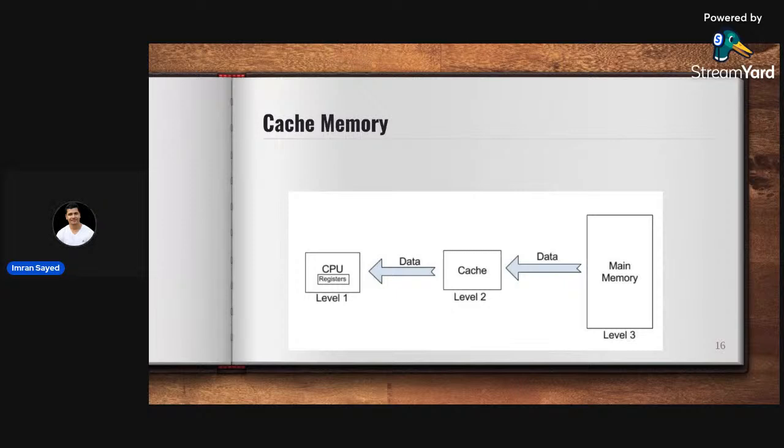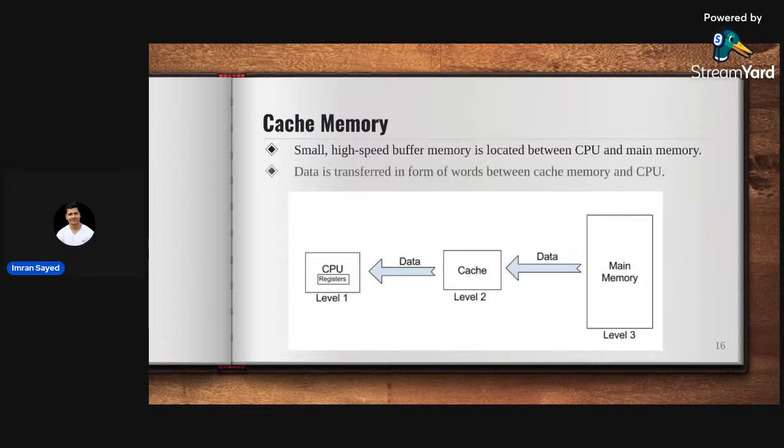Cache memory sits between the main memory and the CPU, and it's basically a small high-speed buffer memory. The data is transferred in the form of words. As you know, the memory is in the form of words, so the data is transferred in the form of words between the cache memory and the CPU.